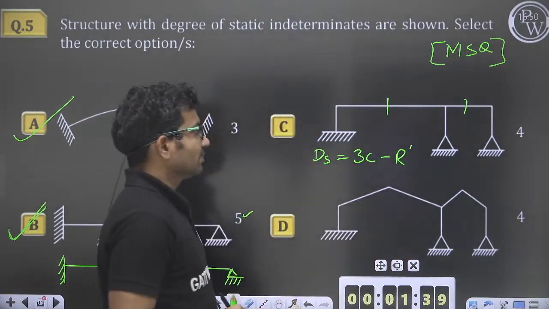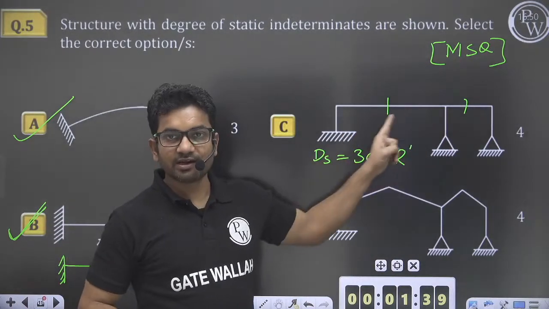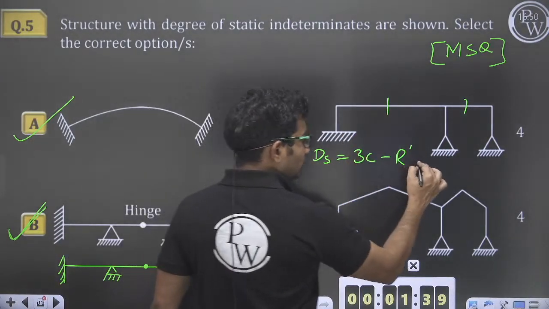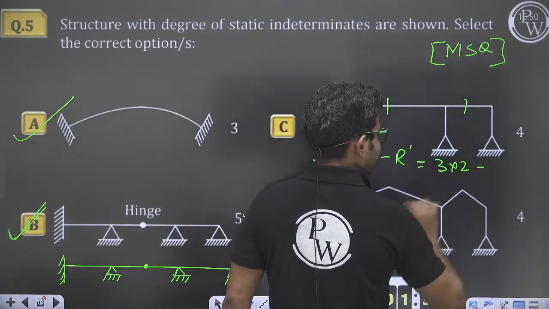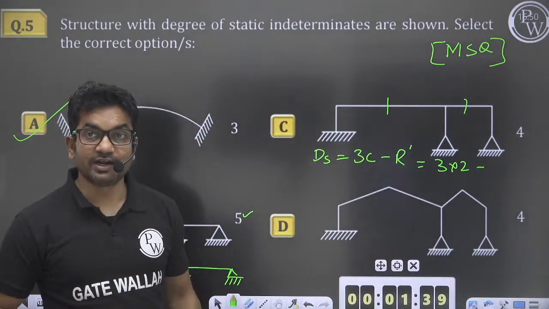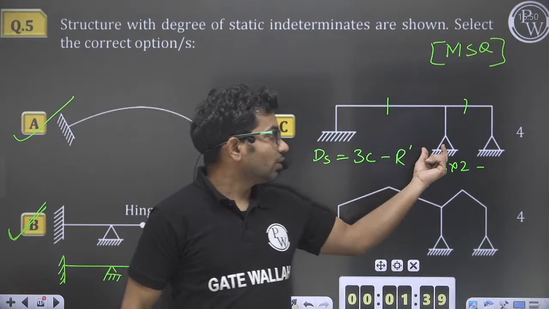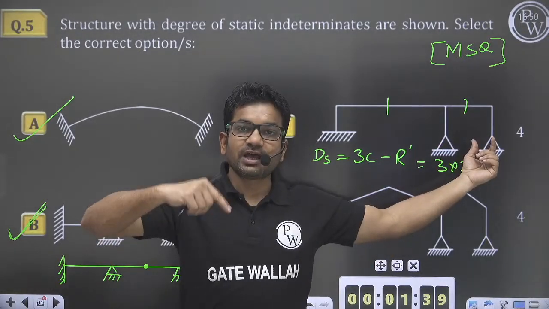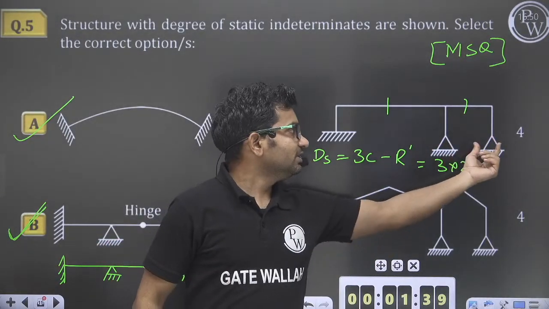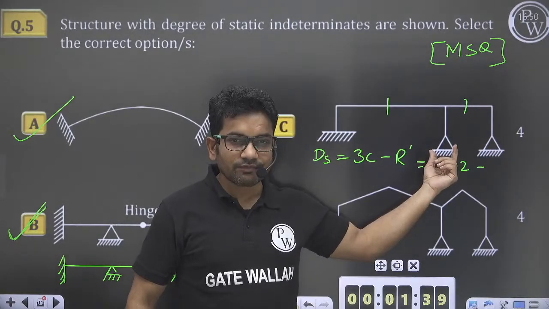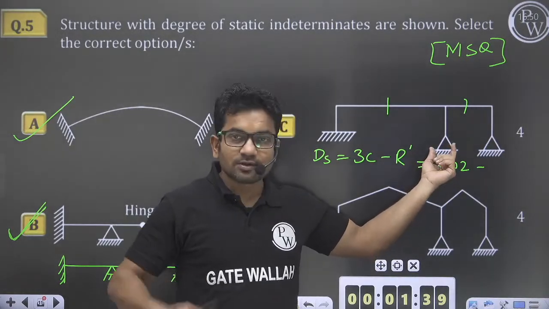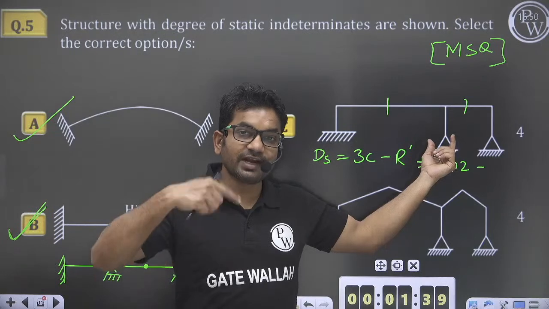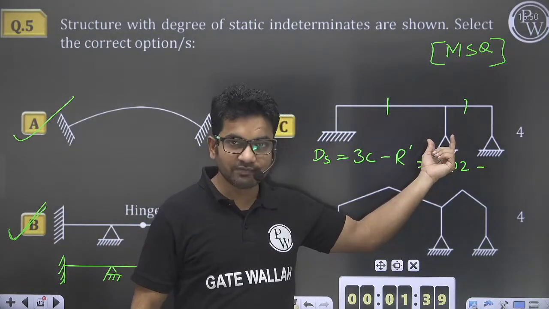How many cuts are there? There are 2 cuts, so 3 into 2 minus r dash. What is the meaning of r dash? R dash means how many support restraints I have to add so that these become fixed joints. In this, 2 reactions are already present. If I add one more reaction, that will become a fixed joint.